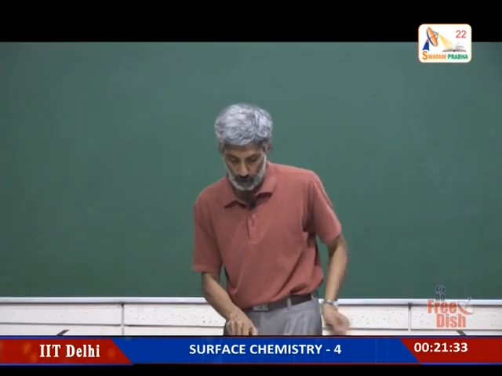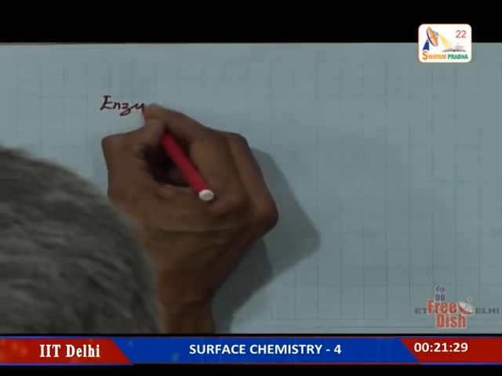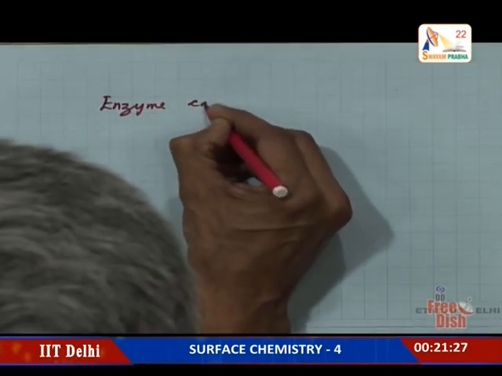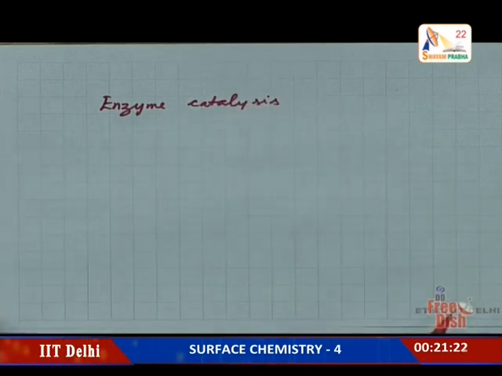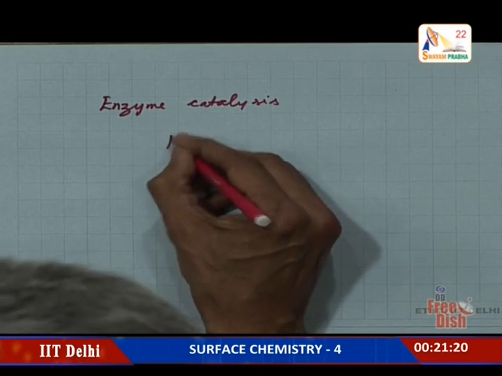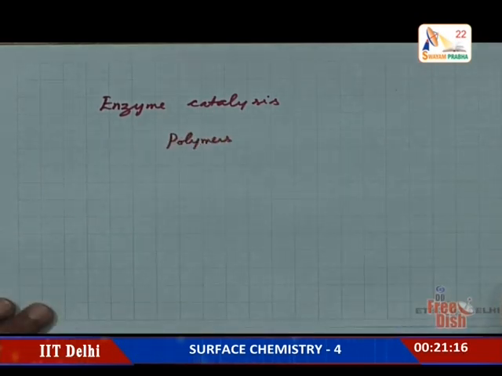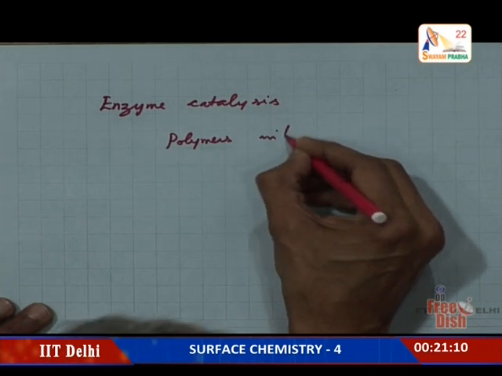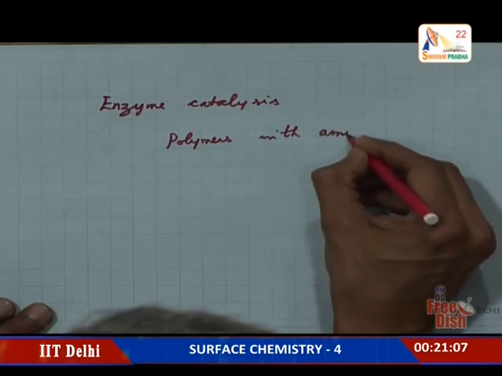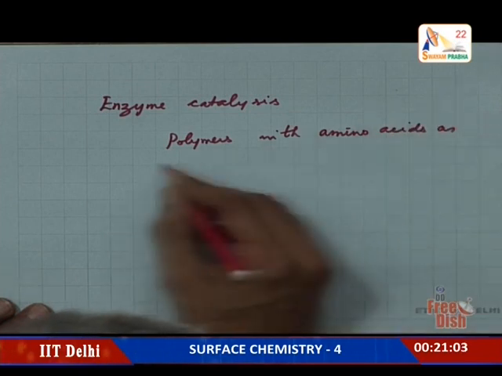The other thing that we need to look at is enzyme catalysis. Now, enzymes are polymers, and you might have encountered this in your study of organic chemistry. These are polymers with amino acids as the monomers.